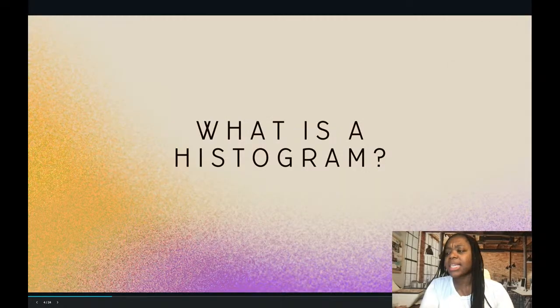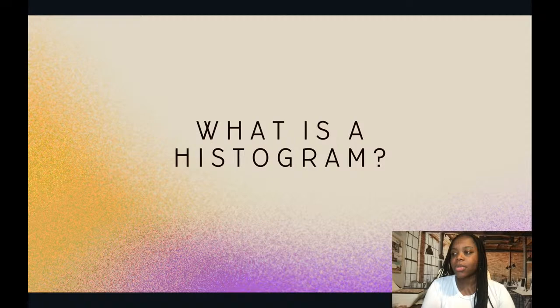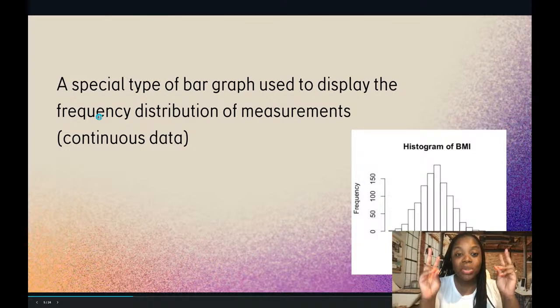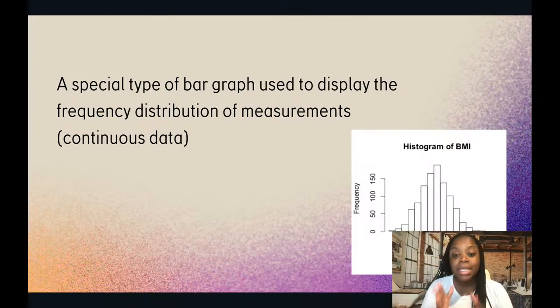Now, what is a histogram? A histogram also has bars, right? The difference is that it's going to be used to display the frequency distributions of measurements, and it is actually a special type of bar graph. So it is a bar graph, but it's just more unique.